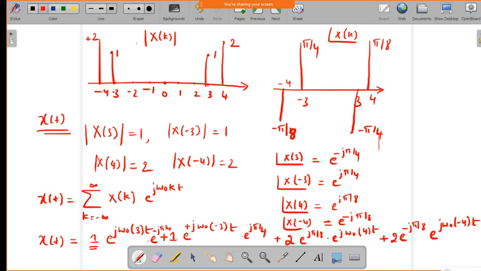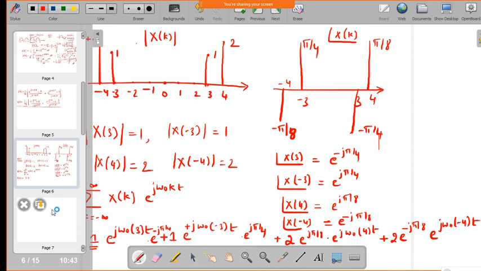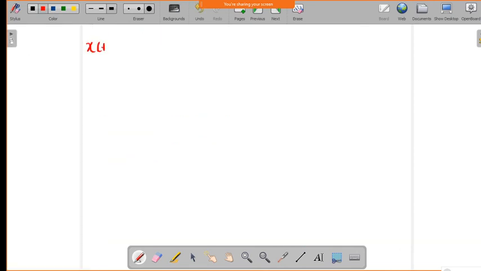Okay, so now we can add the phase and write the expression x of t, which is equal to e power j 3 pi t minus pi by 4, plus e power minus j 3 pi t minus pi by 4.